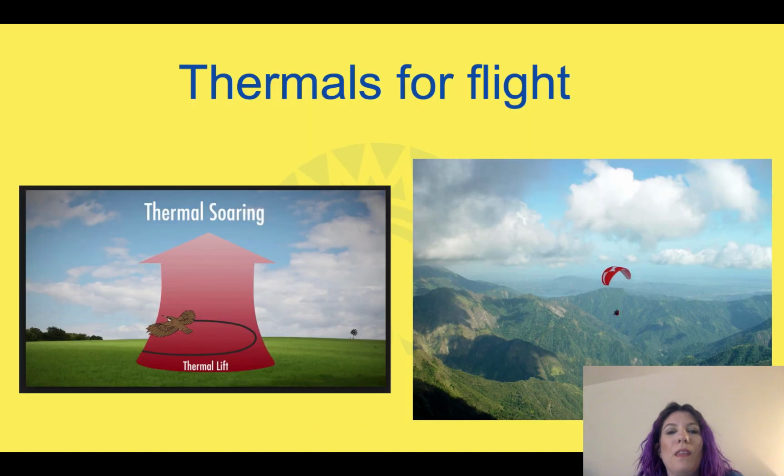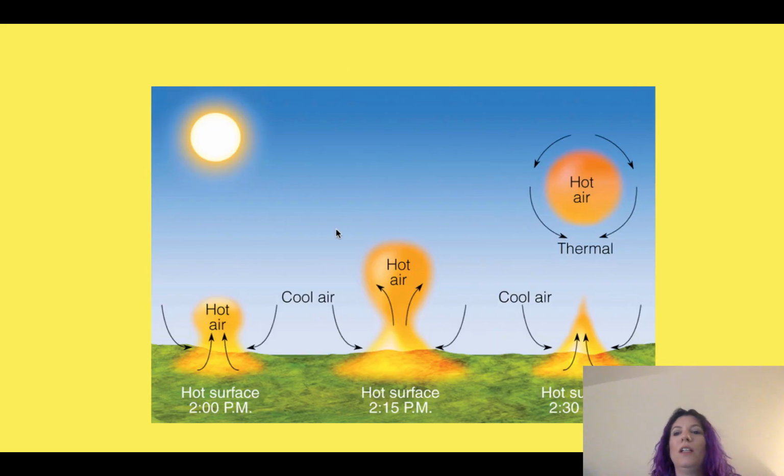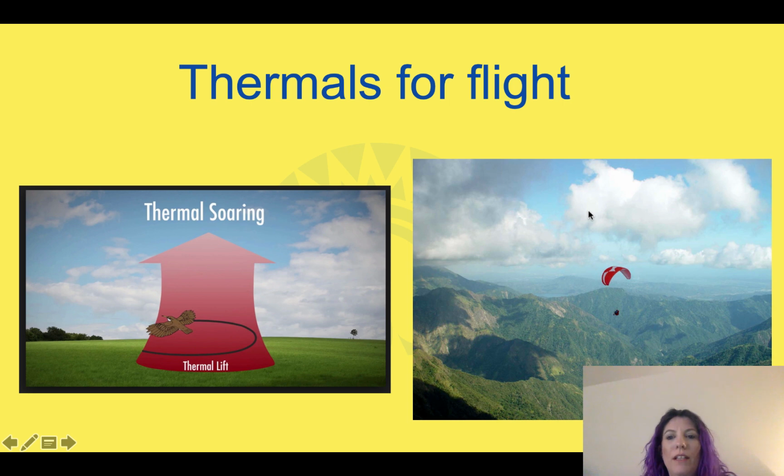Now we see different things being used for thermals in flight. I've seen many times birds using thermals to lift them up into the air. If you see them just soaring and not flapping their wings or actively moving, they're just riding on a thermal. They found one of these air bubbles, and they're just hanging out right there.